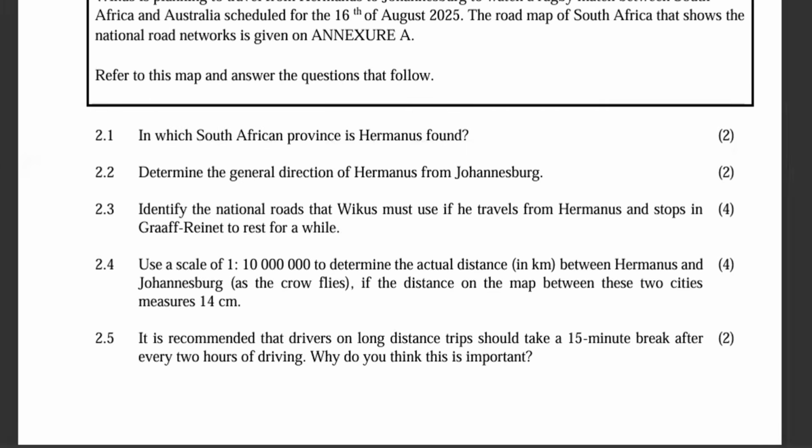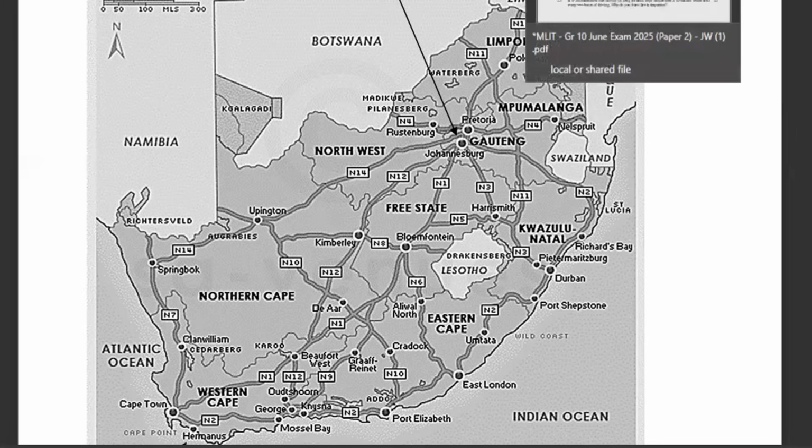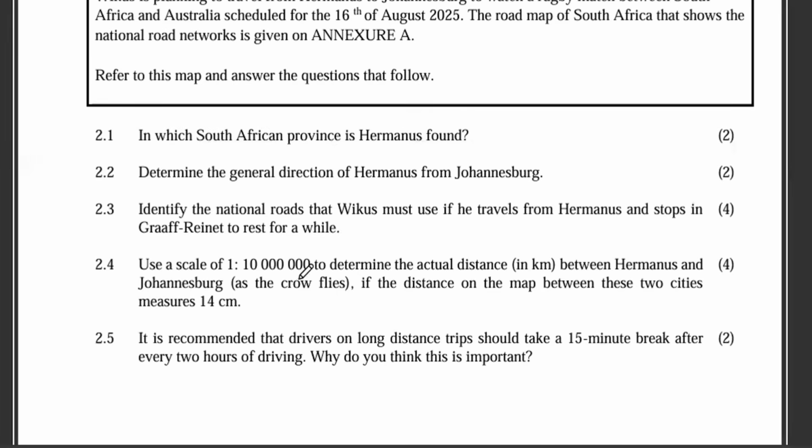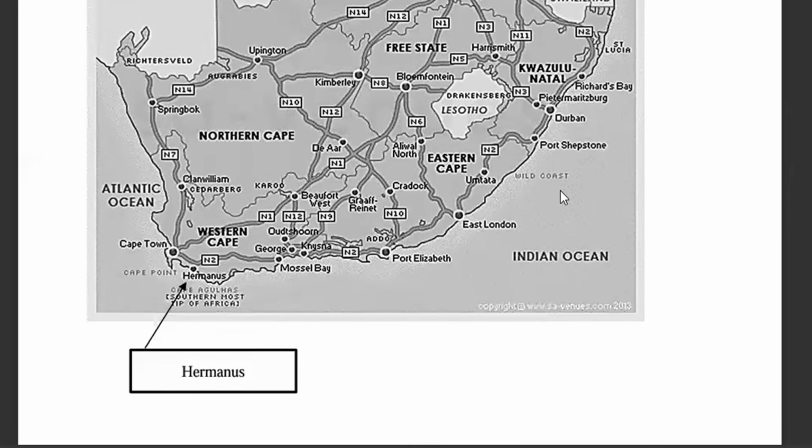So the next thing I've told us to look at, it will look like this. This is a map of South Africa showing all those roads that you see, the network. You have different national roads. Let's look at that and say, in which South African province is Hammonds found? So when you look at the map nicely, this is the place that we are looking at, this place here.